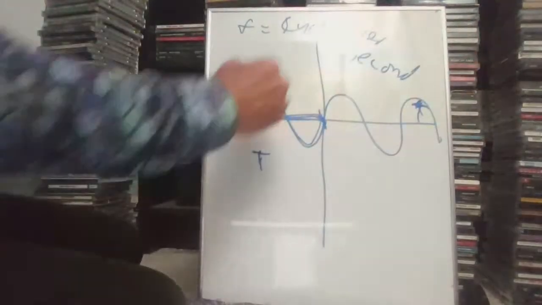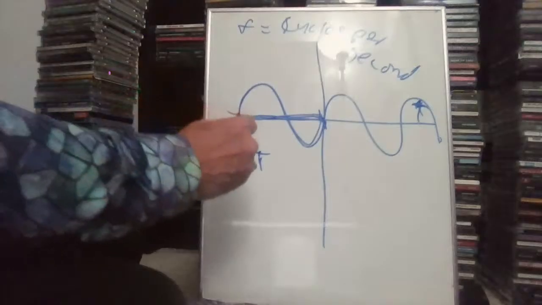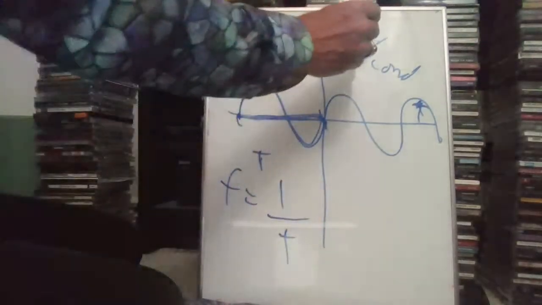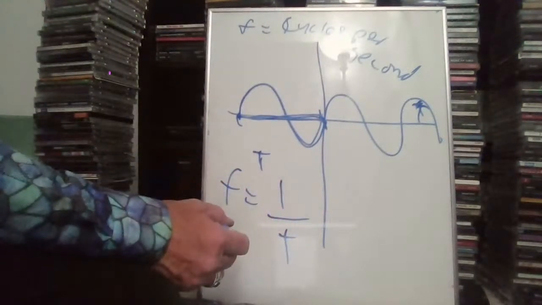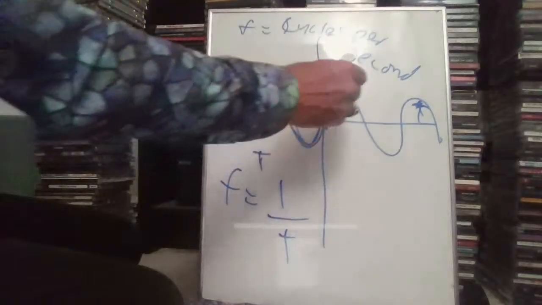If this is time, how many cycles happen in a second? That's frequency. And frequency is equal to 1 over T, because when you say per, it usually means to divide. So frequency equals 1 over T. It's the inverse of the amount of time it takes per one cycle.